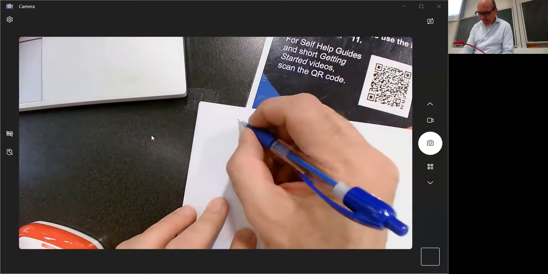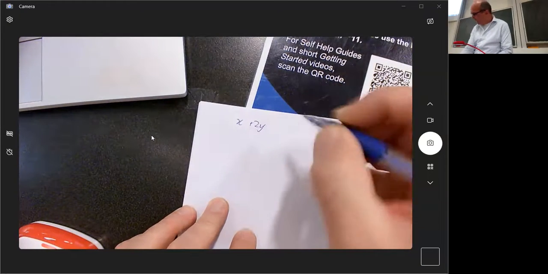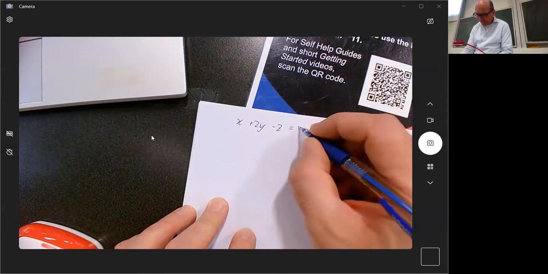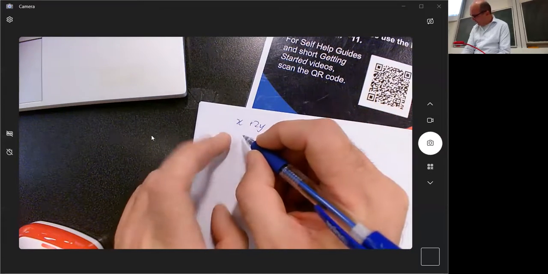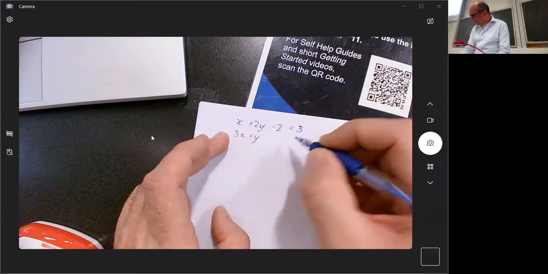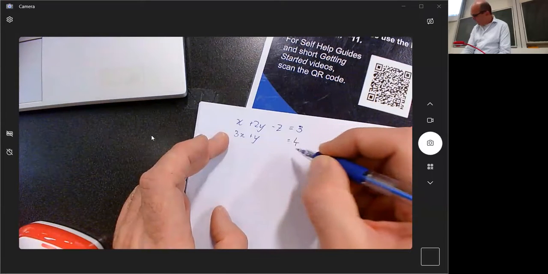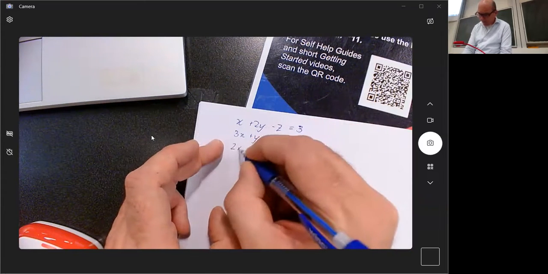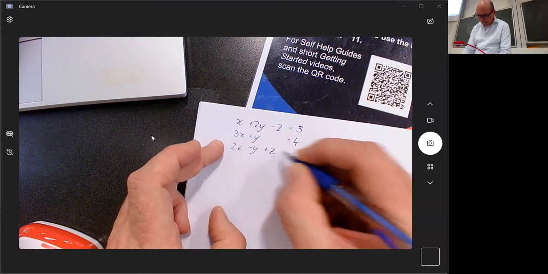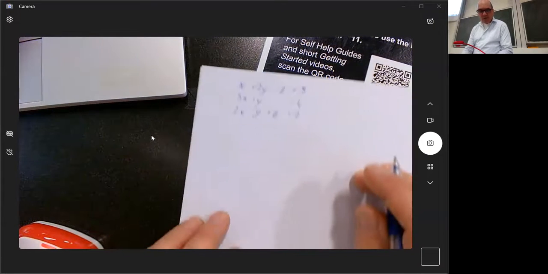I've got x plus 2y minus z is equal to 3. I've got 3x plus y is equal to 4. And I've got 2x minus y plus z is equal to 2.